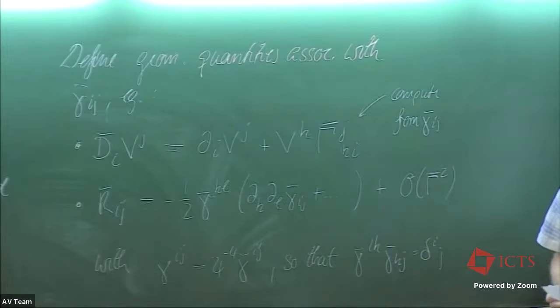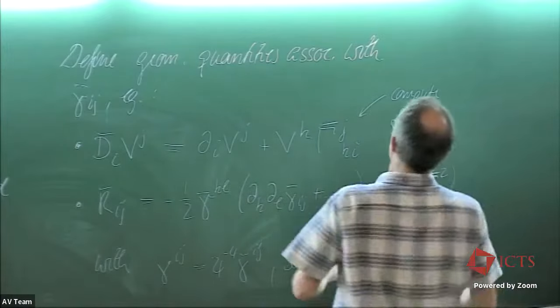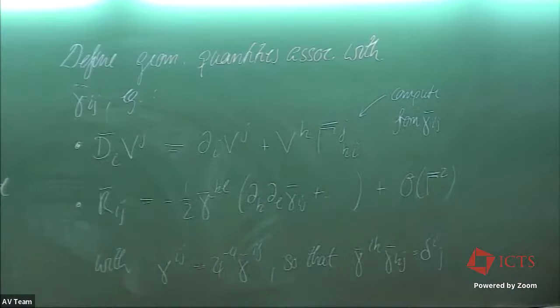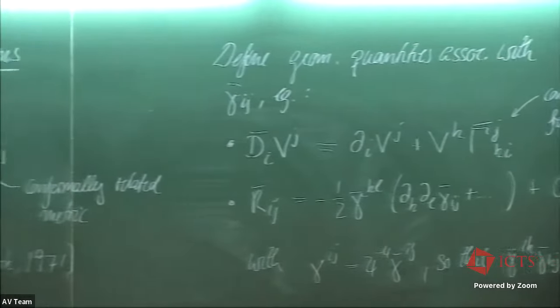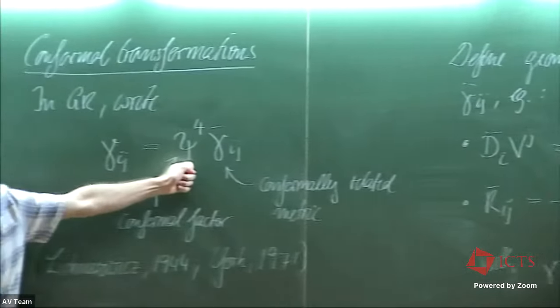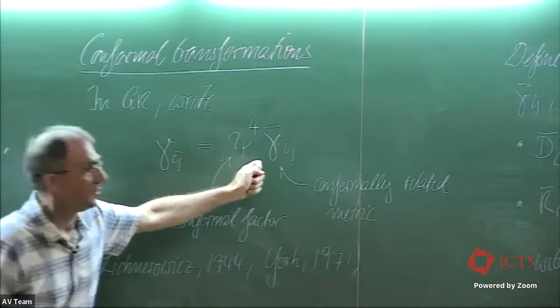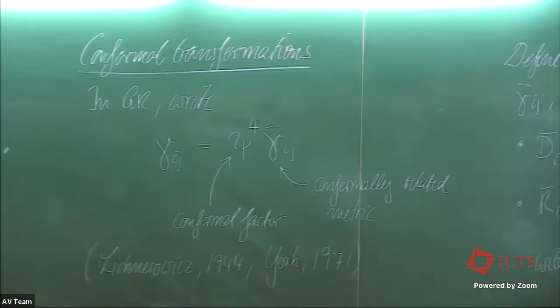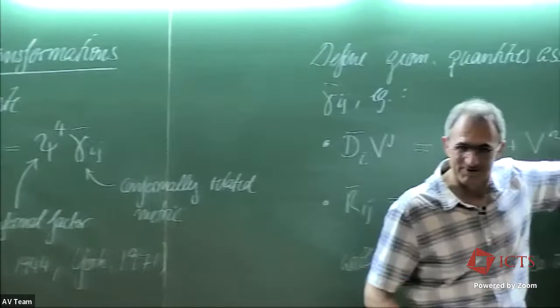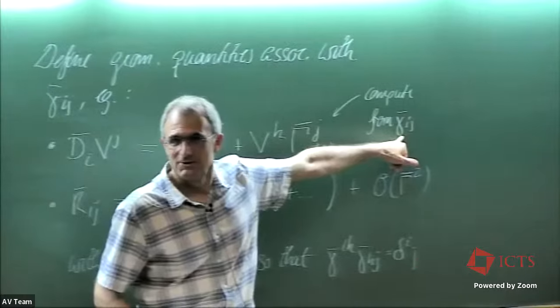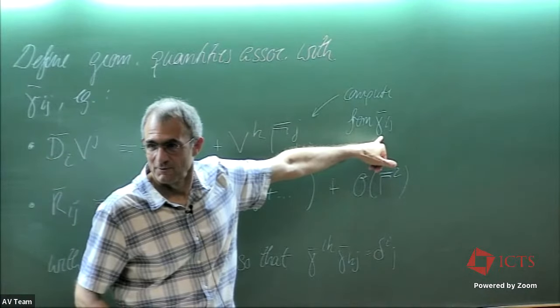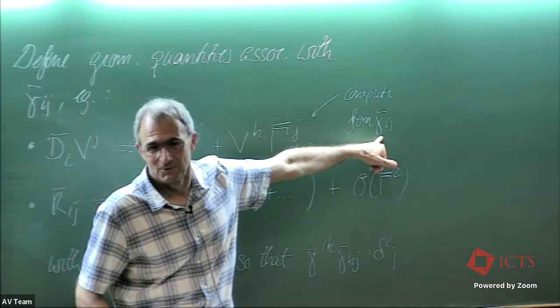All right. Now, because gamma bar is basically given by a product of gamma ij and some power of the conformal factor, we could compute these gamma bars from basically the products of gamma and the conformal factor. In each derivative that appears in the Christoffel symbols, we just use the product rule.